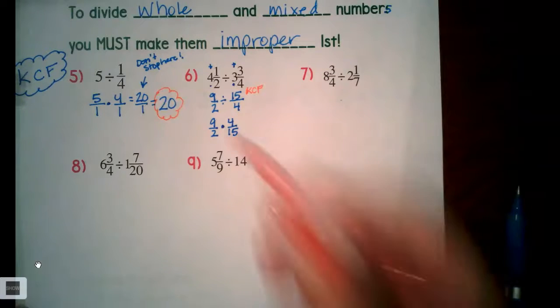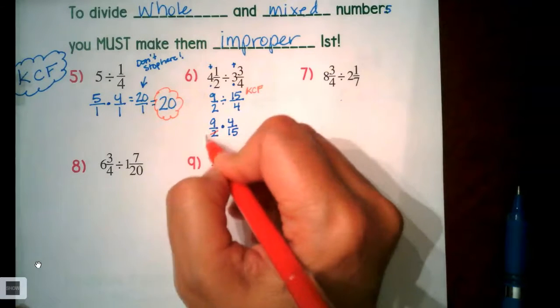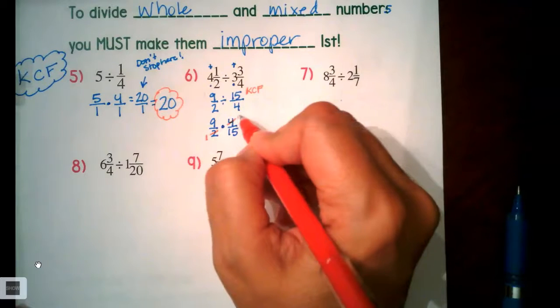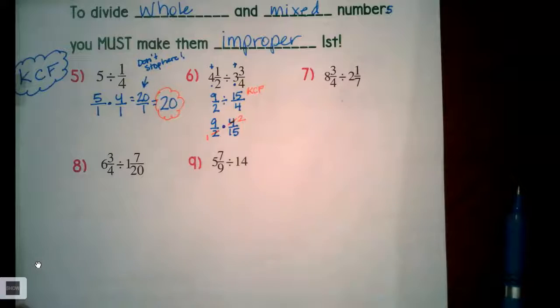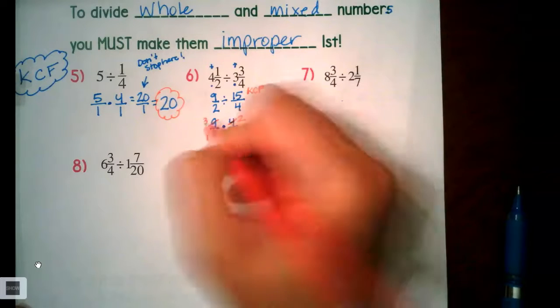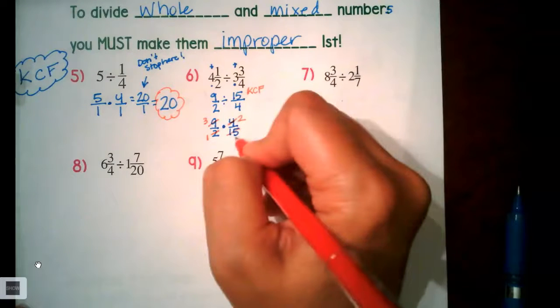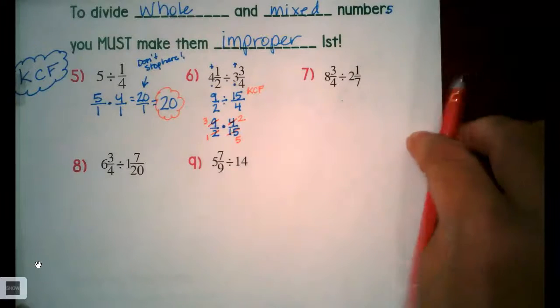Now, let's look diagonally across. 2 goes into 2 once. 4 divided by 2 is 2. And 9 does not go into 15, but there is something that goes into 9 and 15. And that would be 3. So 3 into 9 is 3. 15 divided by 3 is 5. Now we're ready for our answer.